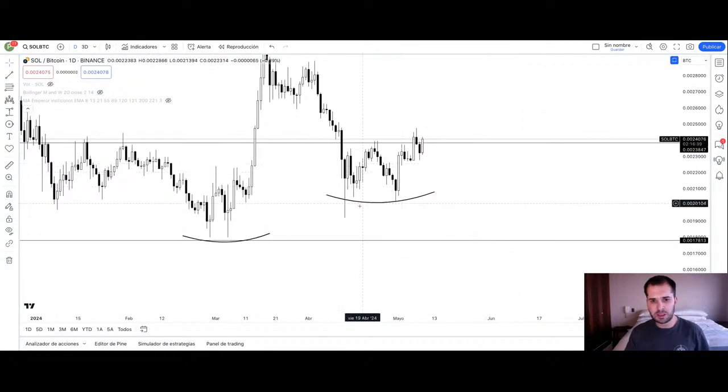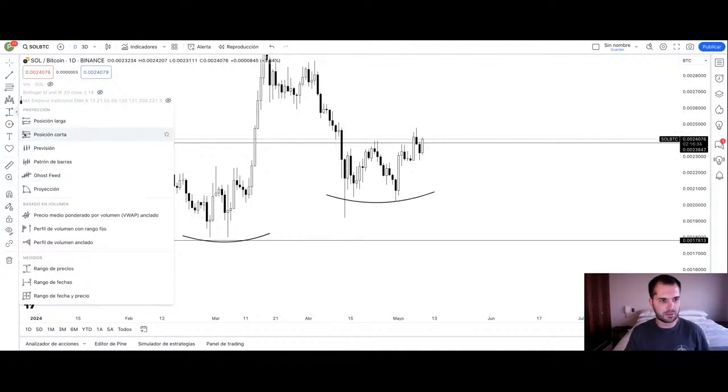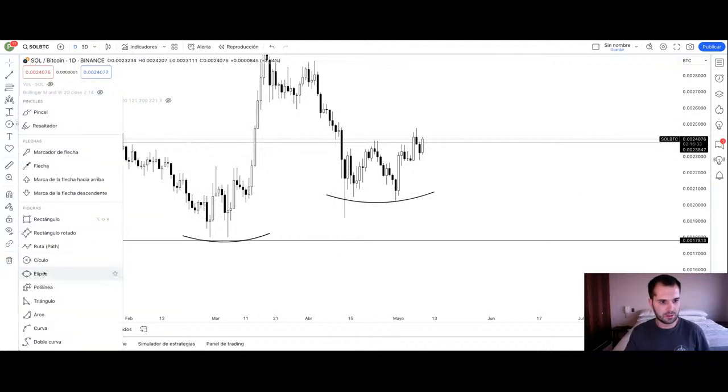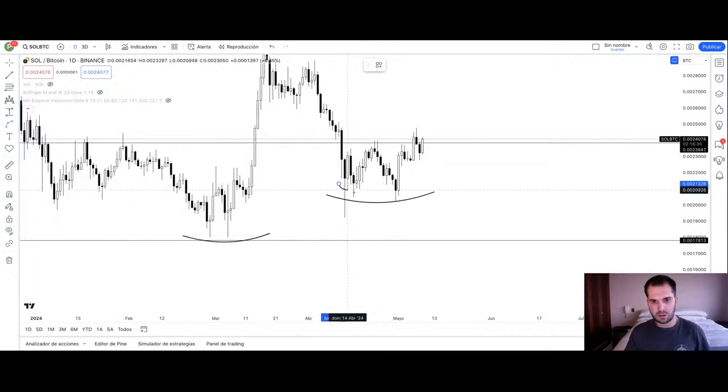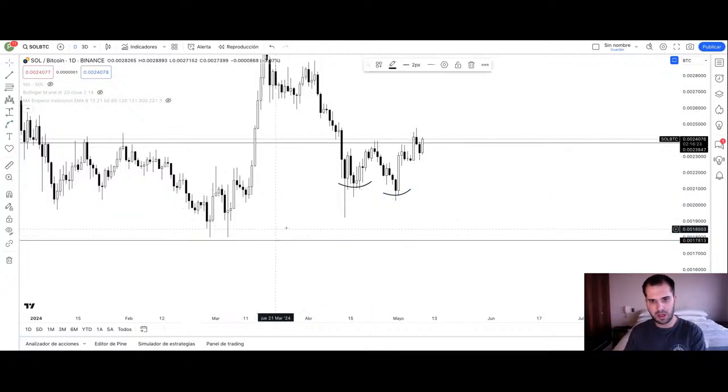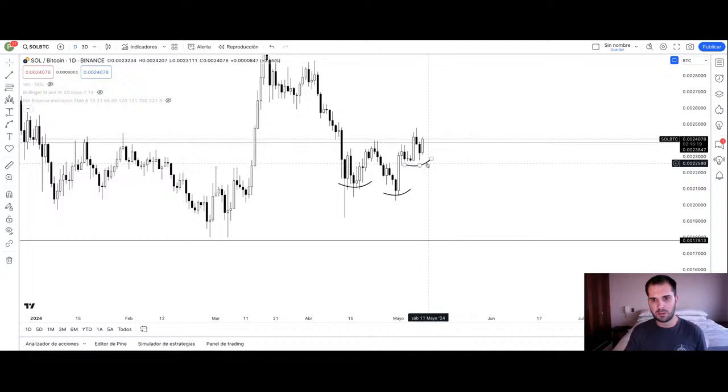And if you don't take this wick into consideration and just consider candle closes, you have an inverse head and shoulders pattern possibly at play, currently being in the right shoulder and having the neckline around here.